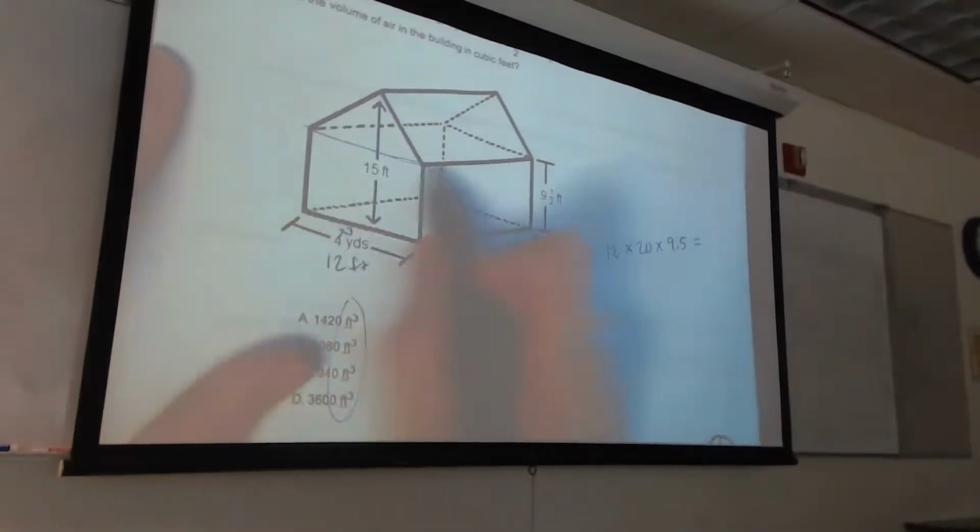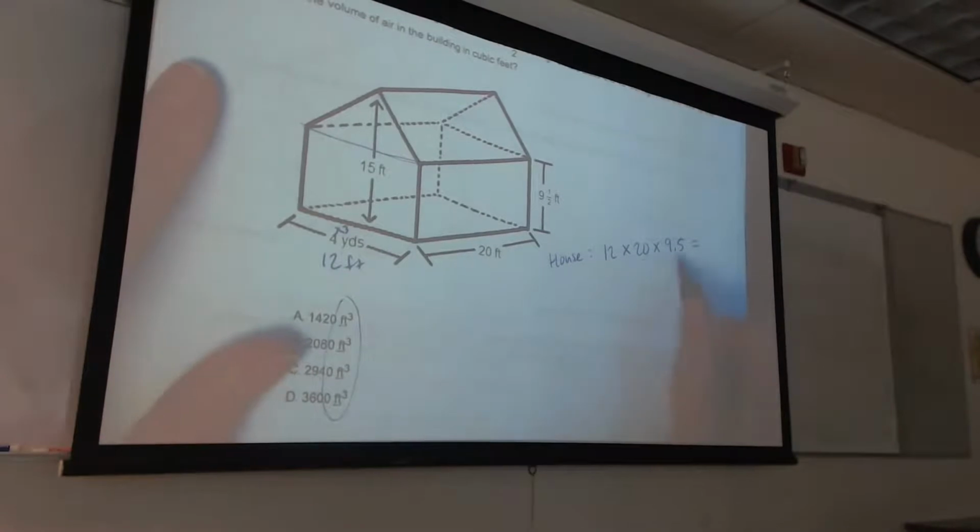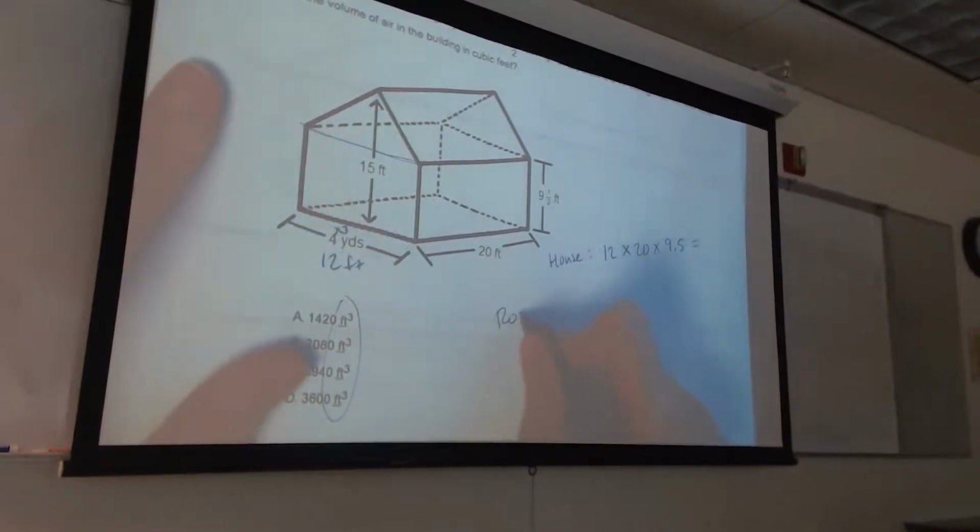This whole bottom part. Do you agree? Okay. So what is the volume of that? 12 times 20 times 9.5. What do you get? 2,280. Okay.